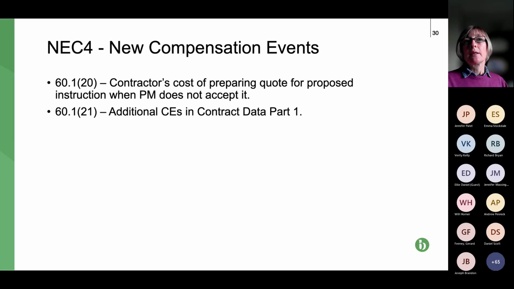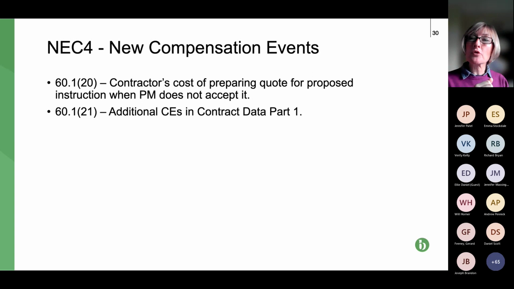Just very quickly, NEC4 has 2 new compensation events, but don't get too excited because they're not exciting. The first one is a very discrete situation, which we touched upon last month, where the project manager can ask a contractor, or a subcontractor can be asked, to provide a quote for a proposed instruction.